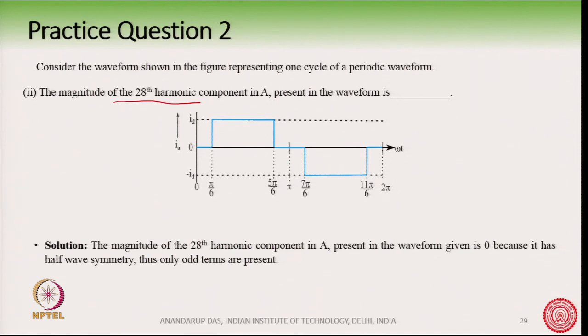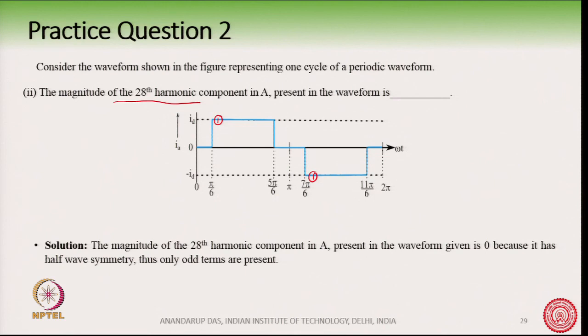If you analyze this waveform, it has half wave symmetry: f of omega t is equal to minus f of omega t plus pi, see here and see here.